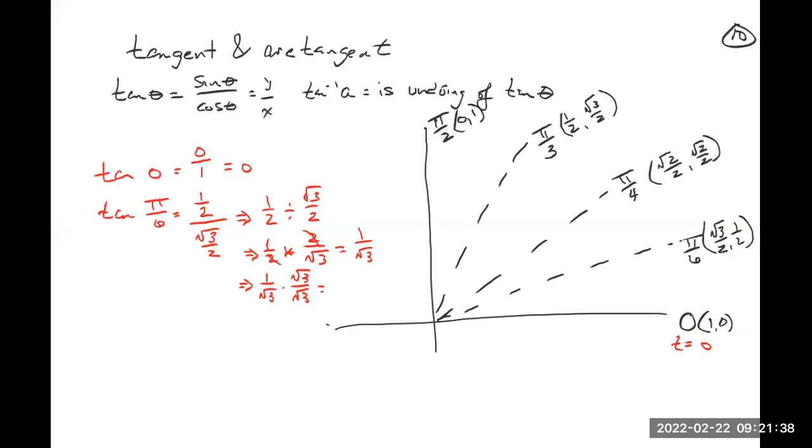The squaring of a square root releases the radicand. So we have 3 in the denominator and we have square root of 3 in the numerator. So the tangent of pi over 6 is square root of 3 over 3.